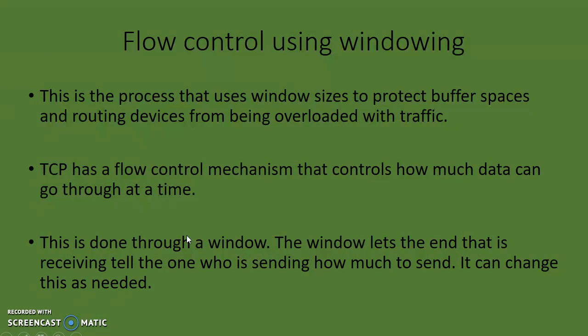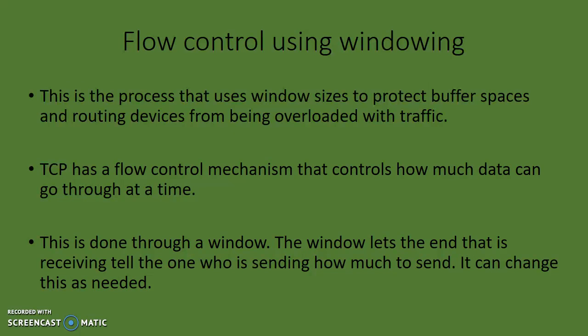Flow control using windowing. This is the third of the 5 features discussed a minute ago. This is a process that uses window sizes to protect buffer space and routing devices from being overloaded with traffic. Sometimes you can get too much information, it bogs down, and things really don't work the way they're supposed to.